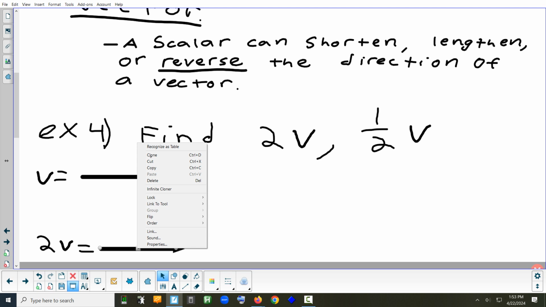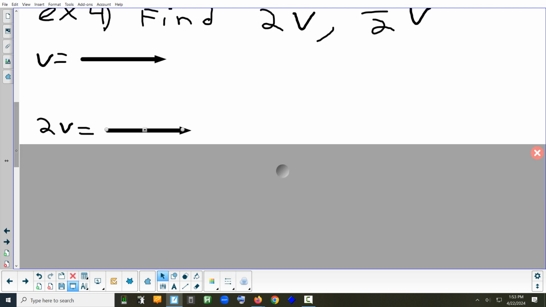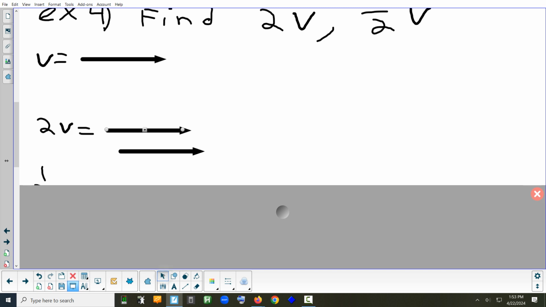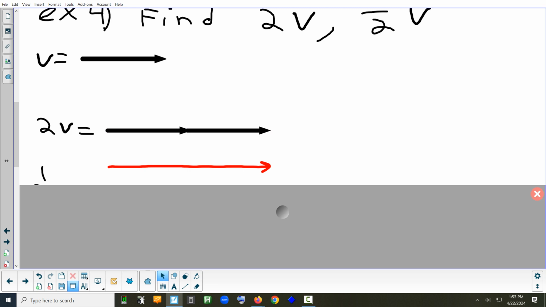Okay. So there's 2v. And then just draw your final answer, where you started to where you finished. So 2v is exactly twice as long, pointing in the same direction.